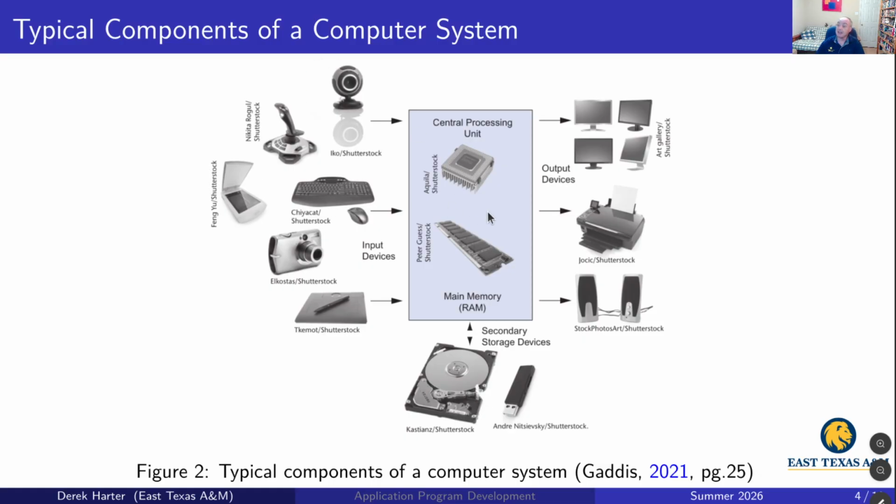And then you have your input devices to get data in. In this class, we'll mostly be using the keyboard to give us input on a terminal, and your various output devices for sending results out. Again, we'll mostly be using a terminal on a display to see and work with the output from the programs that we write in this class.